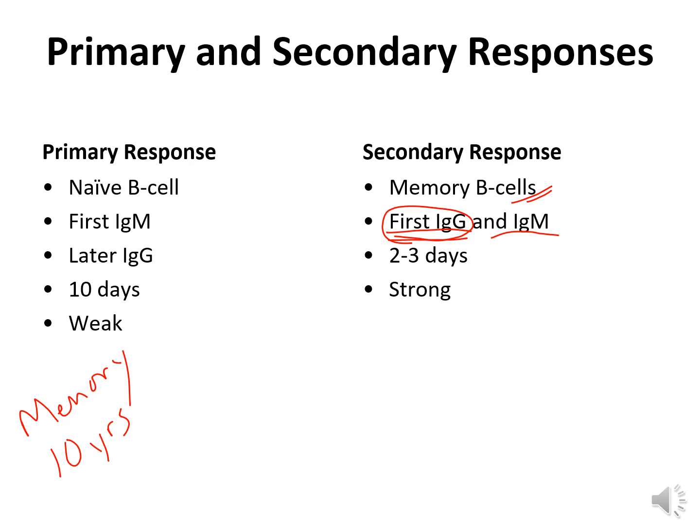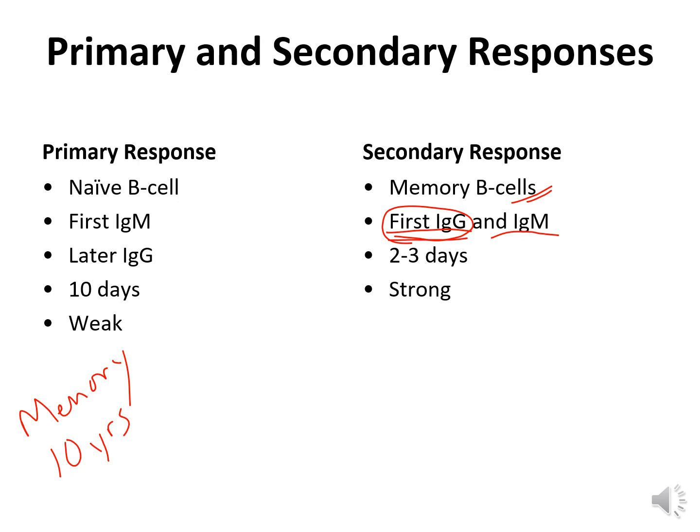So because of all these things, usually secondary responses are able to clear the infection before you get signs and symptoms. So usually a secondary response is able to clear the infection before you get the disease.